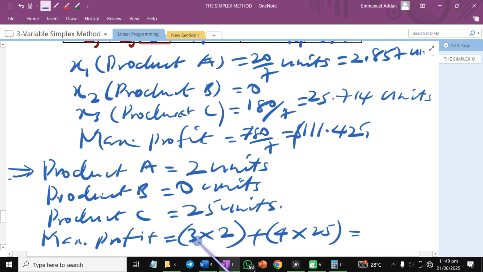That will give us 6 plus 100, so the maximum profit is going to be $106. That is the answer we are expecting. So this is the true solution to our problem.